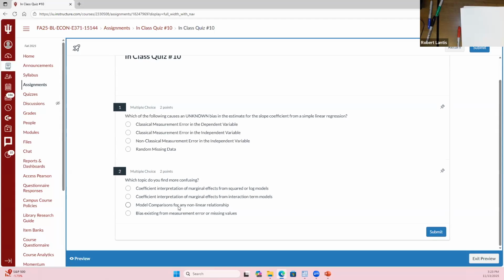Or coefficient interpretation and marginal effects when we had interaction terms. So look at these results. They might dictate what I do in the coming weeks, because I can sprinkle in some review based on the topics we're going to talk about. I want to focus on what people want to see a little more work on. Okay. Questions on this?